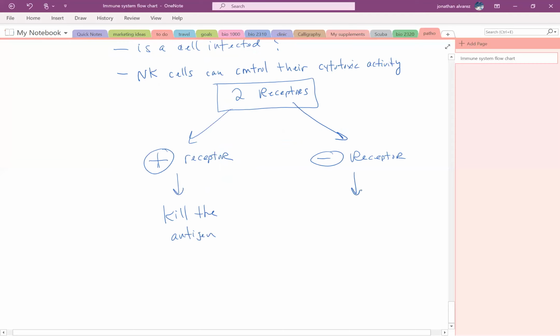If inhibited, that means it recognized self from non-self. Okay, and this is part of major histocompatibility complex 1.